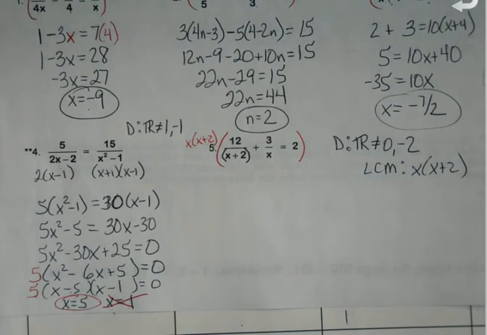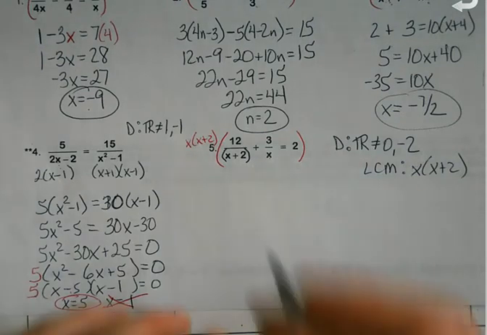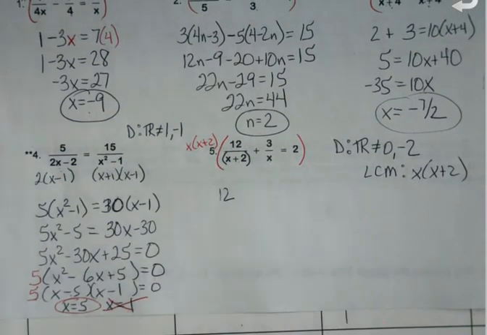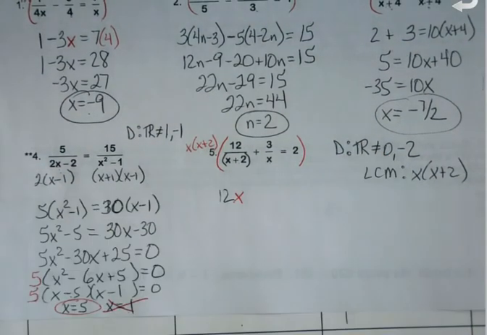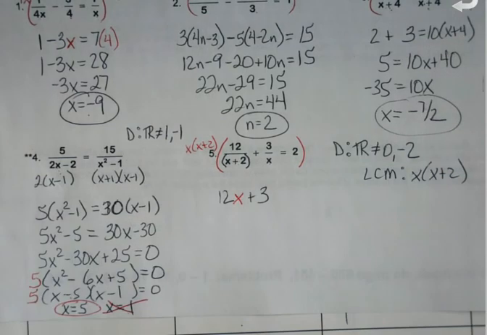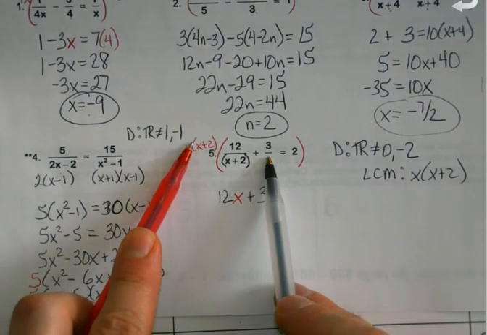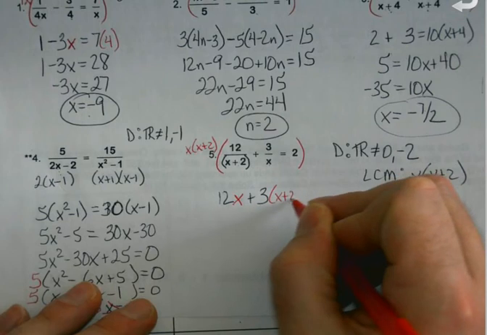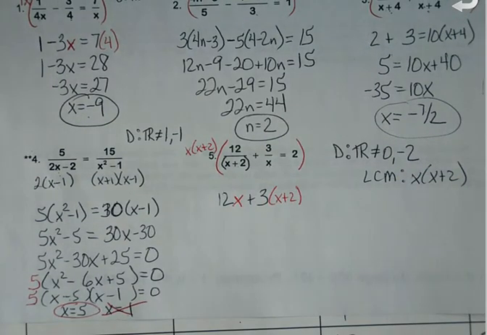Because now as I start to distribute, okay, I've got my 12 here, but the x plus 2's cancel. Just leave me with the x. Then I get to my 3, the x's cancel. Leave me with x plus 2.